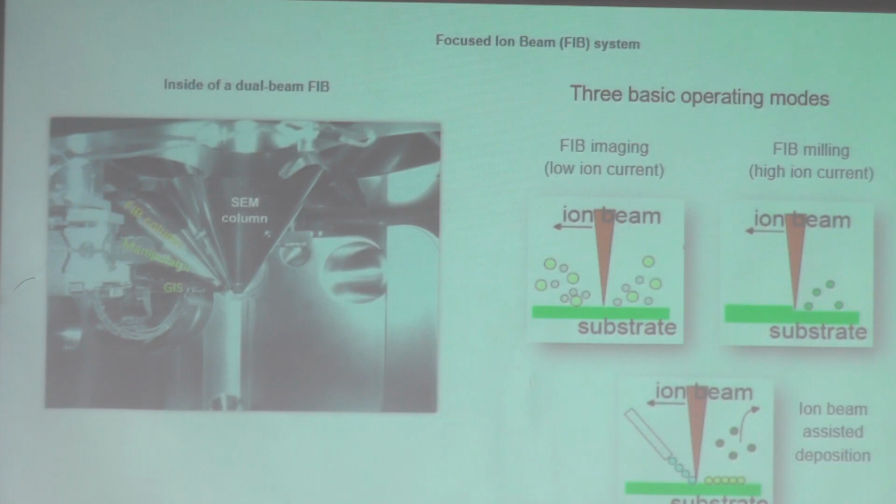And you can also use ion beam assisted deposition by using the ion beam and this gas injection system. So you use these three modes in the FIB system: one for imaging, one for milling the specimen, and one for the preparation of the protective layer.